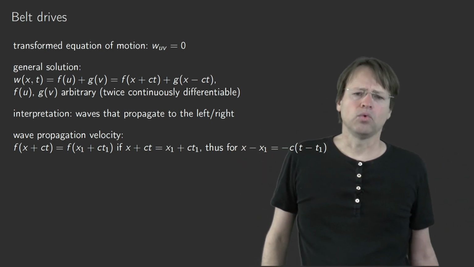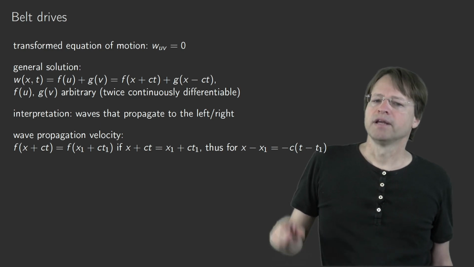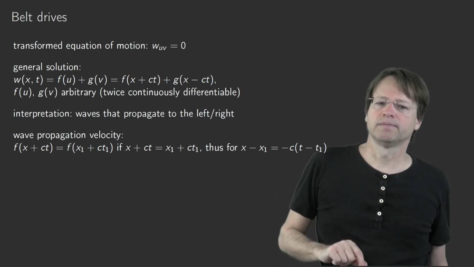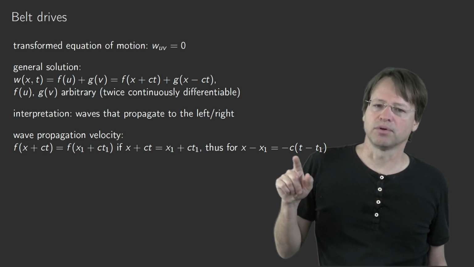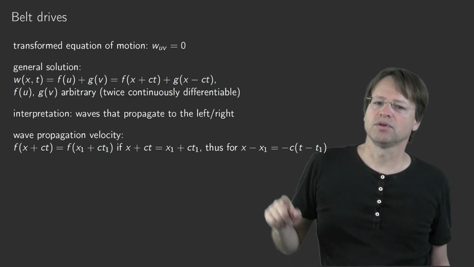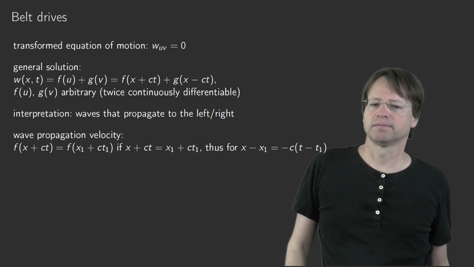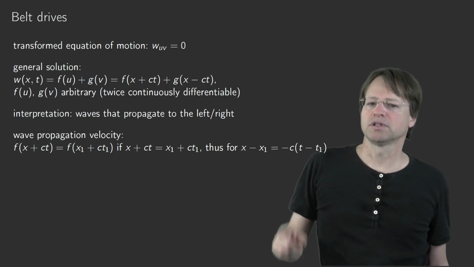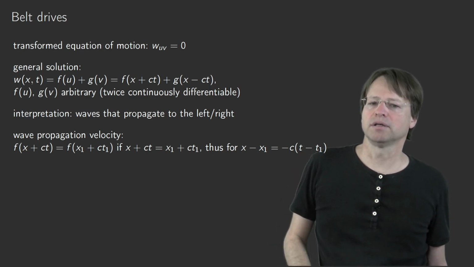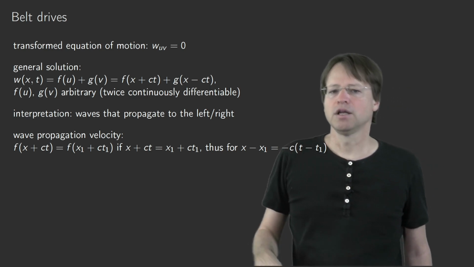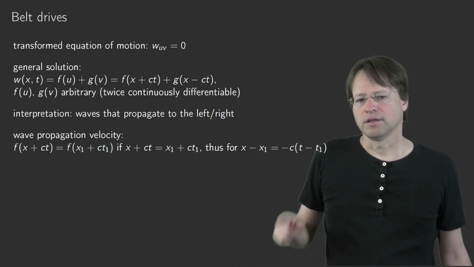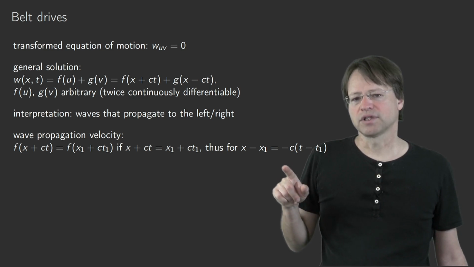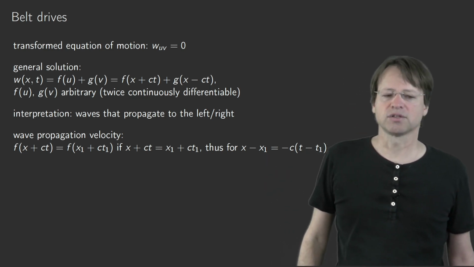Now, how do you change this? Well, if you increase t1, you get a negative sign here, so you have to decrease x1. On the opposite, if you decrease t1, you get a negative sign here, so you have to increase x1.